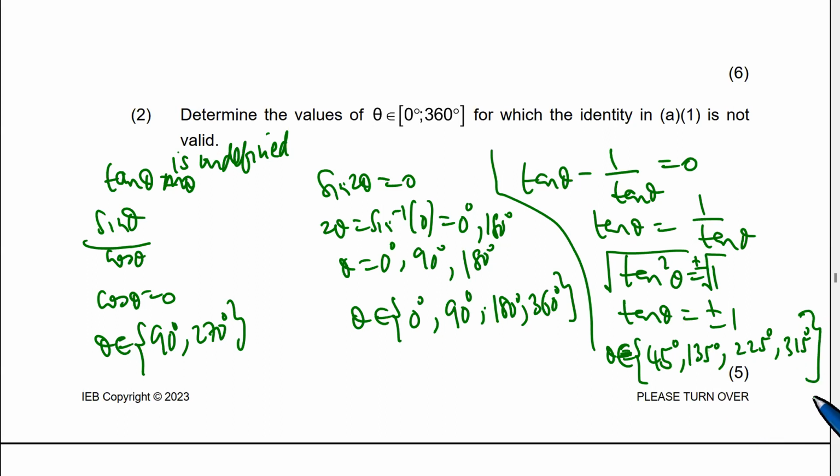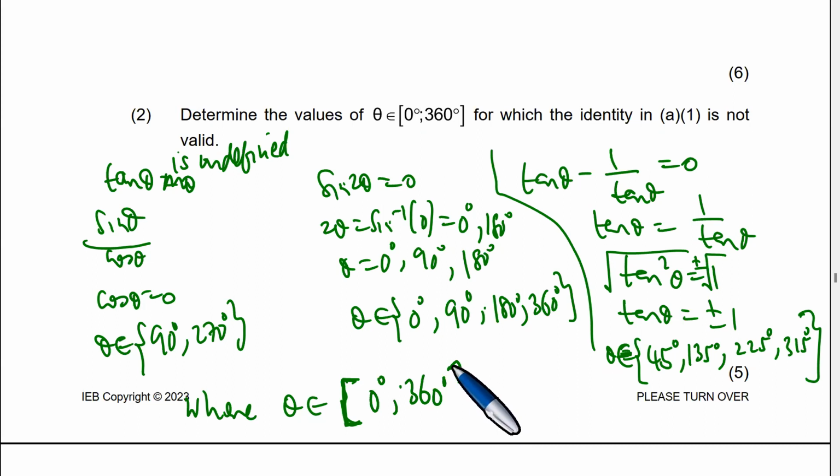So you have the alternation of the signs there. So determine the values of theta for which the identity is not valid. These are the values of theta, and we're done with that question. But you need to note that theta lies in the closed interval, square parenthesis, 0 degrees to 360 degrees, like so.